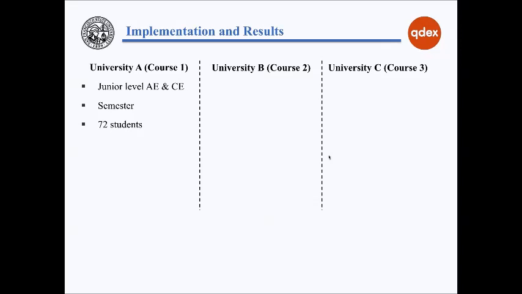And we have 72 students in the fall 2017 semester. Course 2 at University B is a senior level civil engineering core course, and there are 33 students enrolled in that particular semester, while Course 3 at University C is a junior level mechanical class with 49 students enrolled in that quarter.